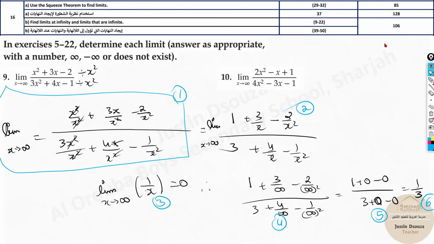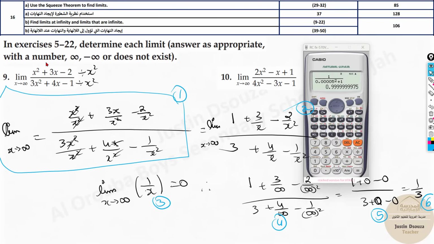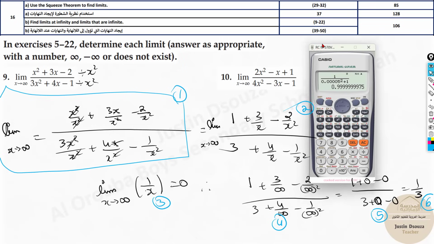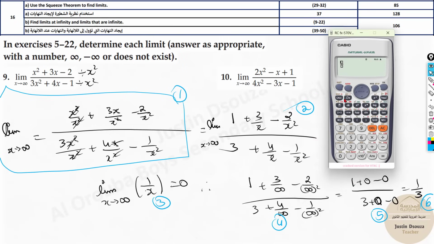Let's check our answers by using the calculator now. Let's just put this in the equation calculator over here. It's x squared plus 3x minus 2 divided by 3x squared plus 4x minus 1, calc.